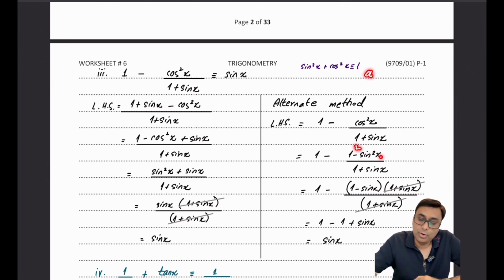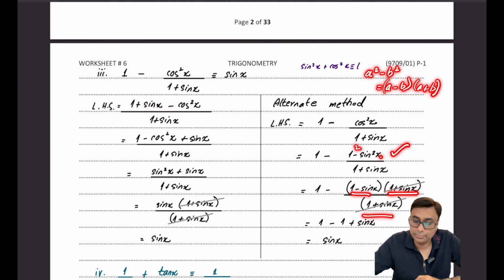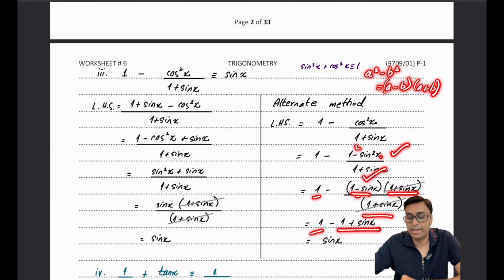And we can use that formula of factorization here, which is a square minus b square is a minus b and a plus b. So 1 minus sine square x becomes 1 minus sine x into 1 plus sine x divided by 1 plus sine x, and 1 plus sine x and 1 plus sine x would cancel out. So this is 1 minus sine x being left over here. There's 1, so 1 minus 1 minus sine x simplifies to 1 minus 1 plus sine x. That becomes sine x.